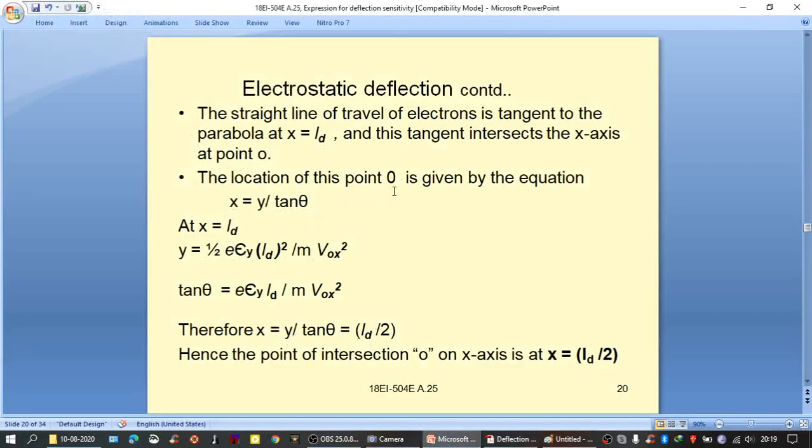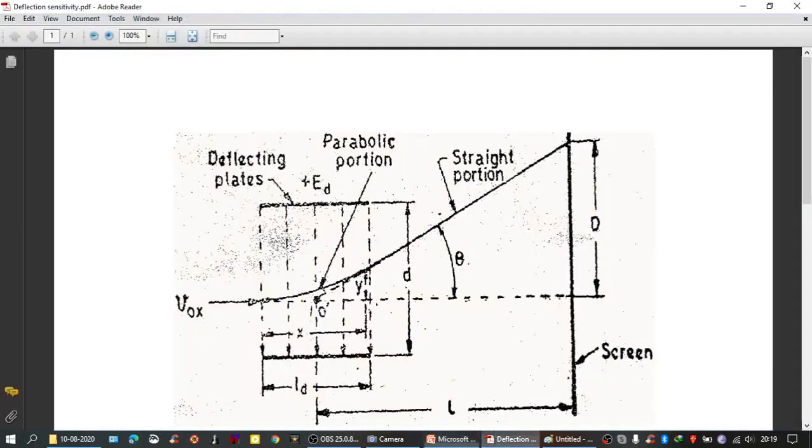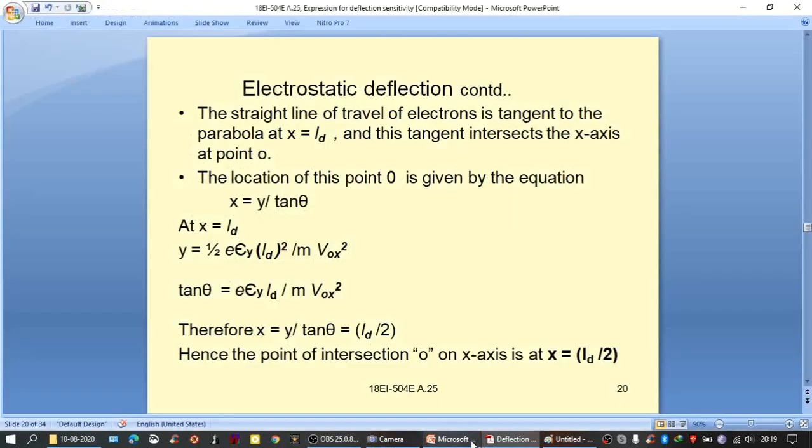The location of this point is given by the general equation, tan theta is equal to y by x, an obvious simple equation. Tan theta is equal to y, either d by L or y by x. So x is equal to y by tan theta.